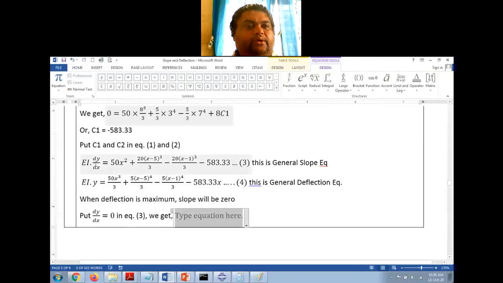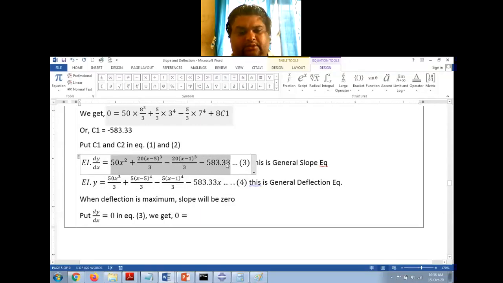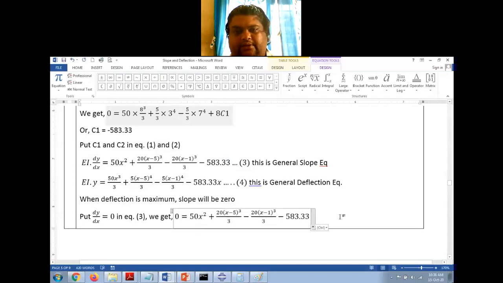Help me. This will be 0, EI into 0. So left hand side will become 0 is equal to, all these things will remain as it is. So I'll just copy this like this, right?